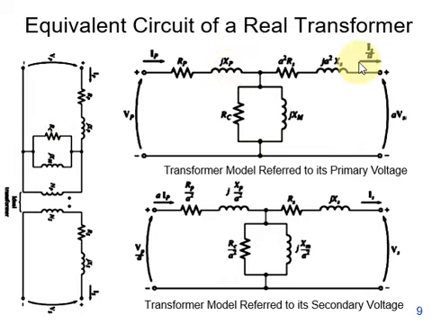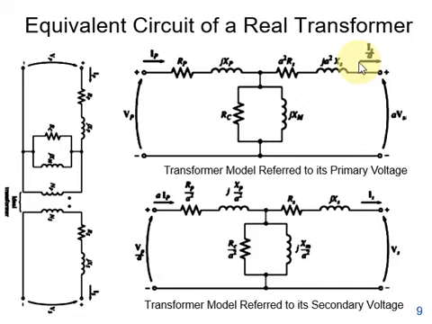As we know, the transformation ratio is a, and the equivalent impedance Z bar can be found by applying a square into Z. So we have transformed the impedance by multiplying by a square.